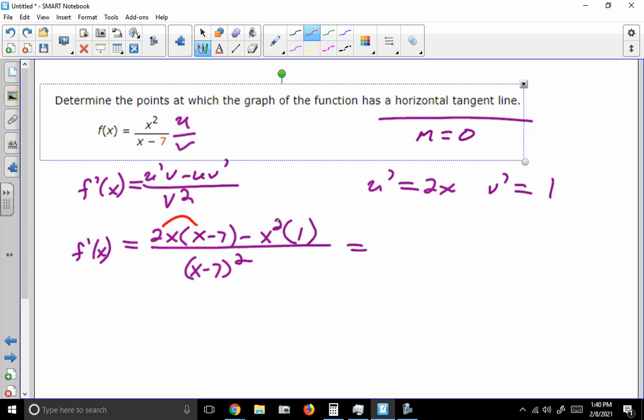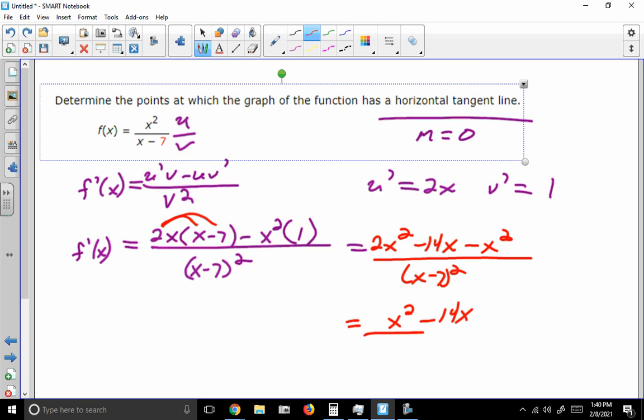So we get 2x times x, that's 2x squared, minus 14x minus x squared times 1, so minus x squared, over x minus 7 squared. 2x squared minus 1x squared is 1x squared minus 14x.